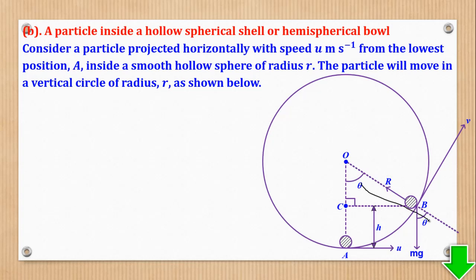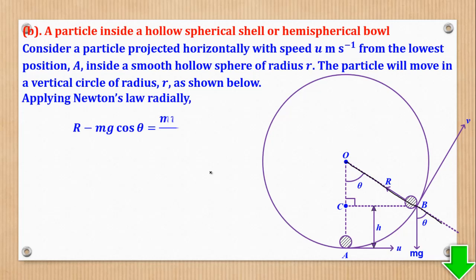This angle is equal to this angle, corresponding angles by geometry. So applying Newton's law radially along this line OB, the resultant R minus mg cos theta will provide the necessary centripetal force. Then rearrange, make R the subject, take this one this side to come up with this equation 1.